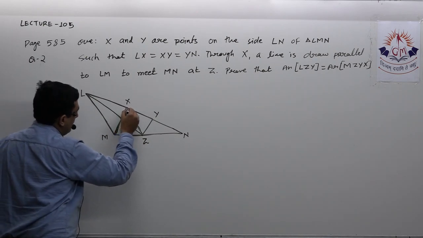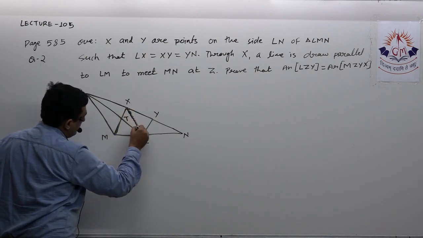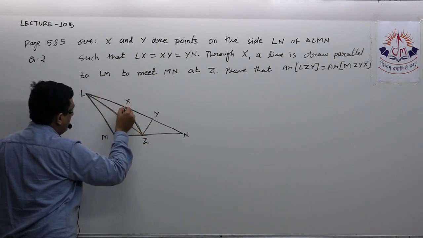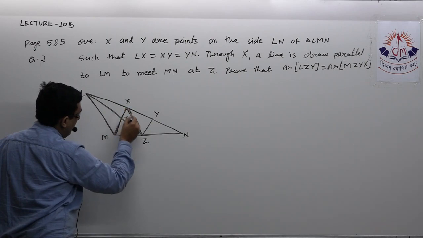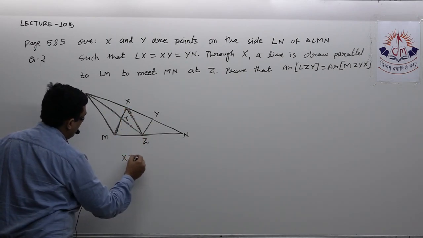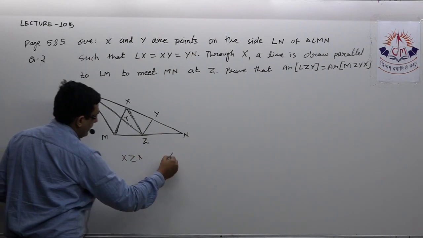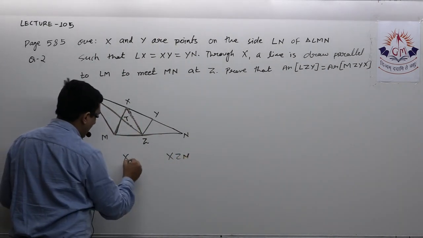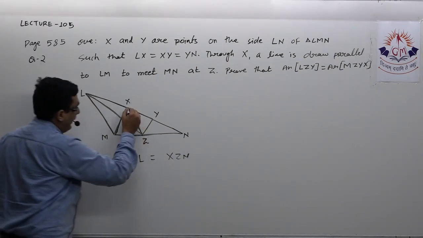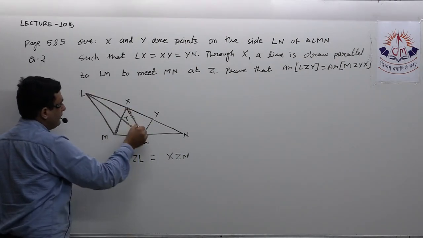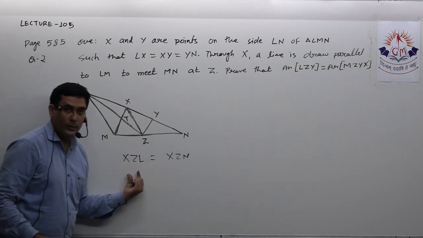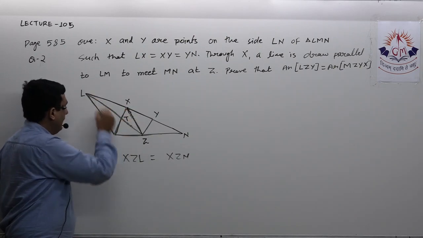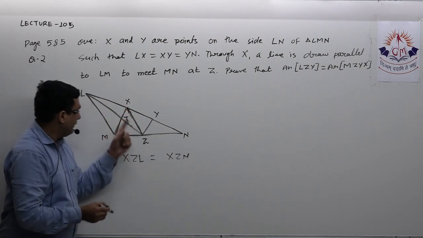Okay, so see this XZ, let me explain to you in short. Triangles XZM and XZL, these two triangles have the common base XZ, and they are lying between the same parallels XZ and LM, isn't it?